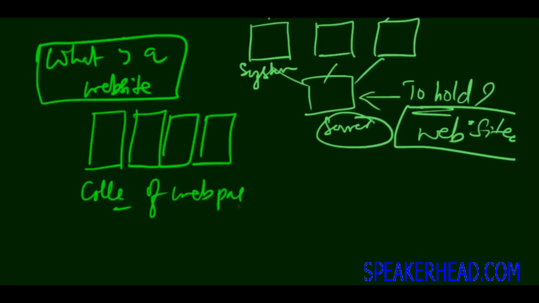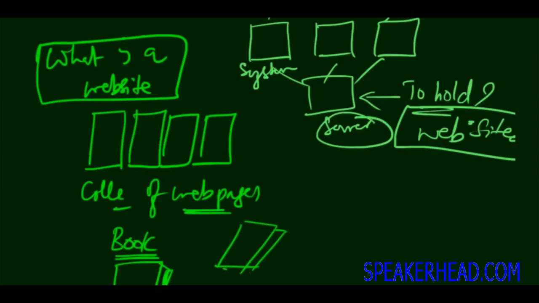Once upon a time, it was almost like a book, a collection of pages printed and kept in a store. In the same way, a collection of web pages has to be kept somewhere. That is called a server, a web server, and that is called a website.